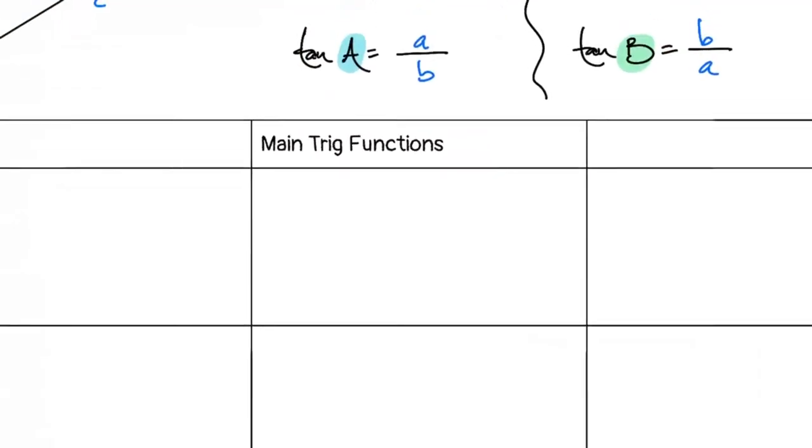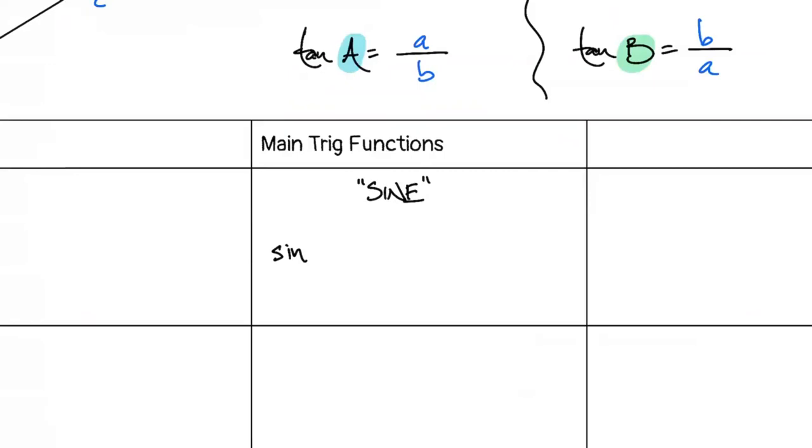Okay, so we're going to start here with these main trig functions, and we'll spell these out for ourselves, right? So the first main trig function is sine, and it is spelled S-I-N-E. And the first three letters, S-I-N, that's just our abbreviation.